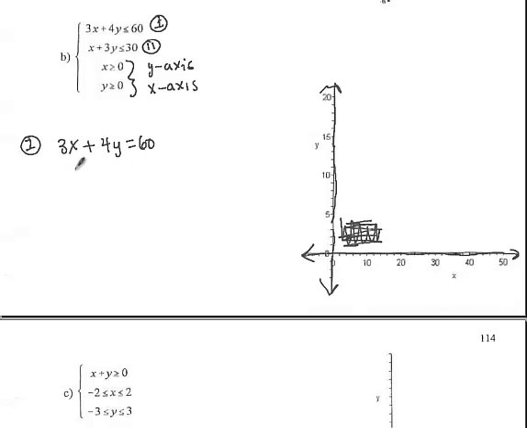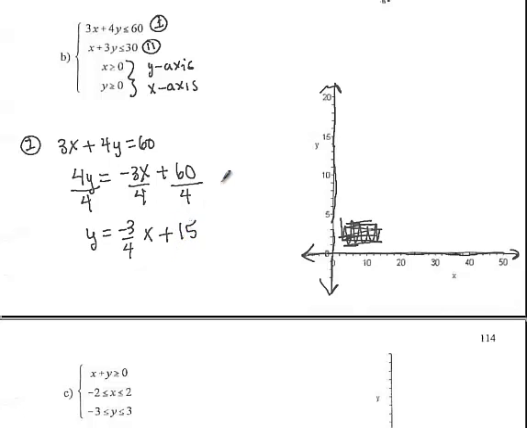Get the y by itself. We divide by 4. We have a negative slope, so this line is going to go down to the right. From left to right, it goes down. We have a y-intercept of 15, and we go down 3, 1, 2, 3, and over 4.